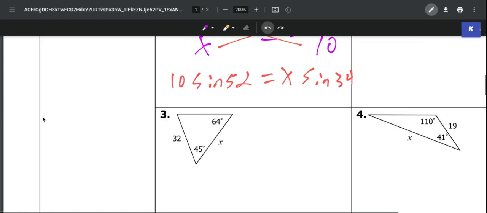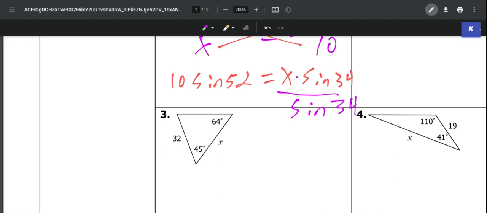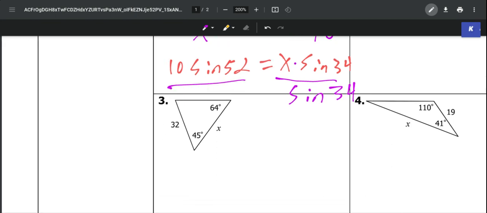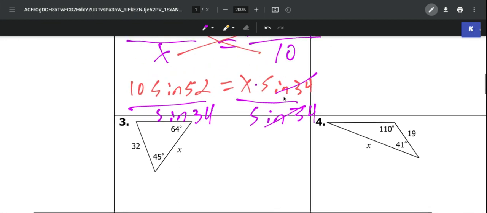If we ever have x times anything and want to get rid of it, we divide by whatever x is multiplied by. So if we divide by sine of 34 on both sides, it cancels out on the right, because anything divided by itself is 1.